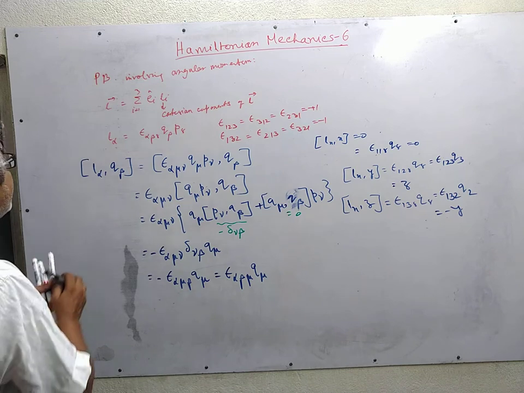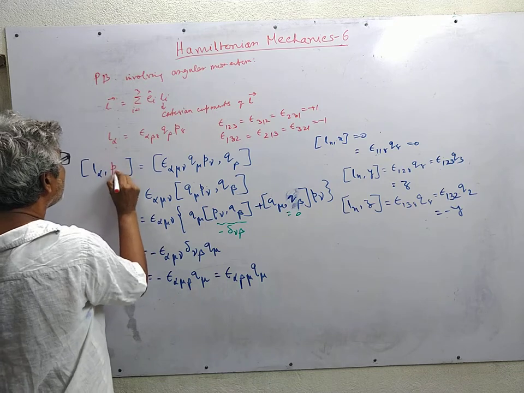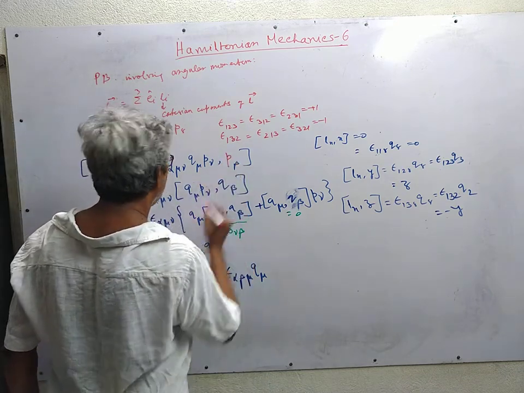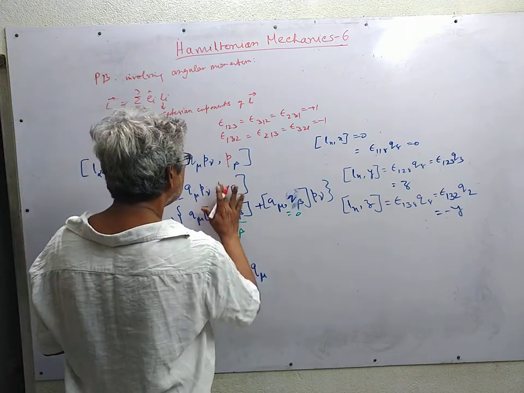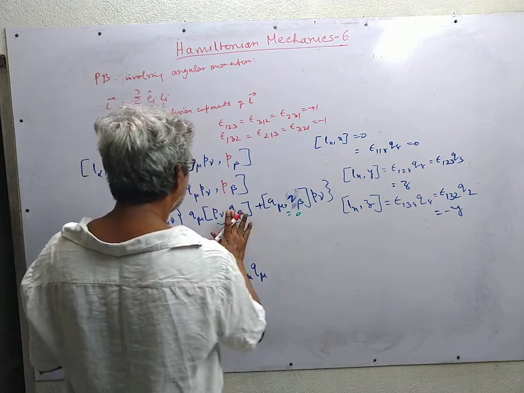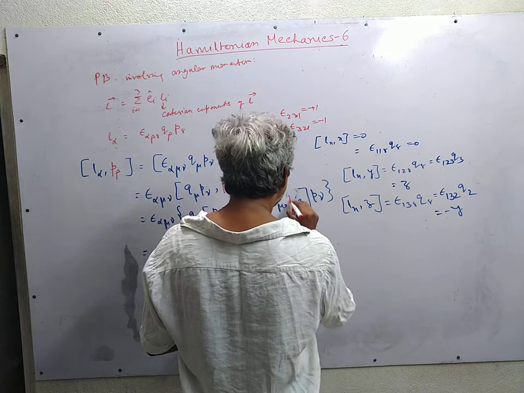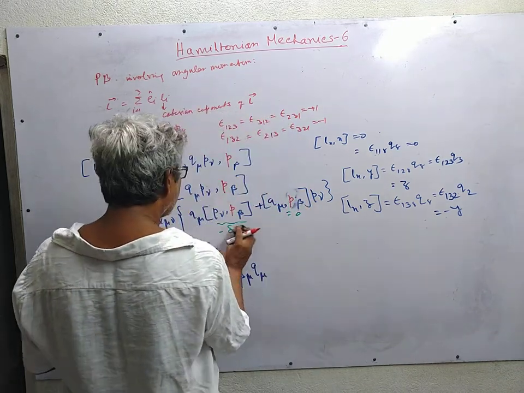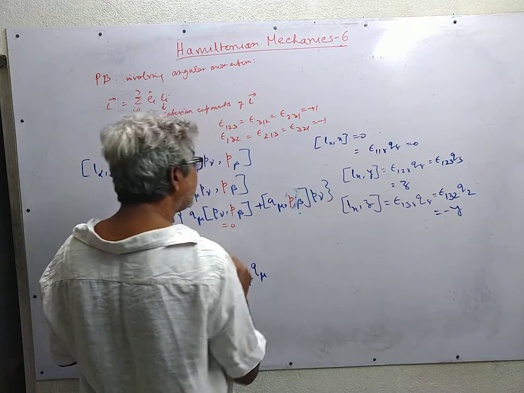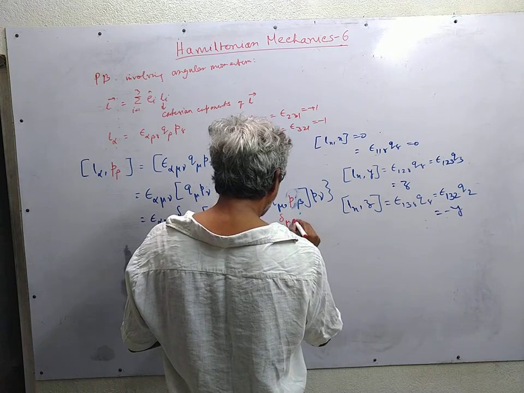Now we come to the relation for p's, L alpha p beta. Then for L alpha p beta we replace this by p beta, and this relation is 0 identically, and this is delta mu beta.